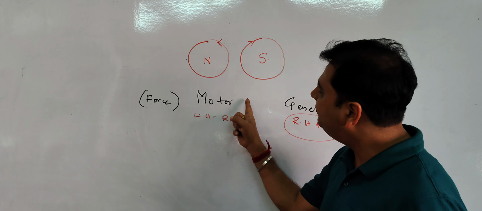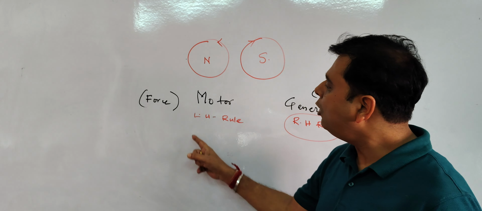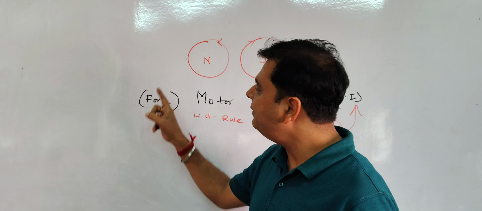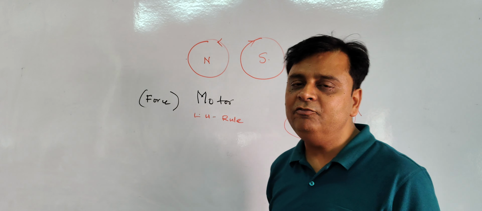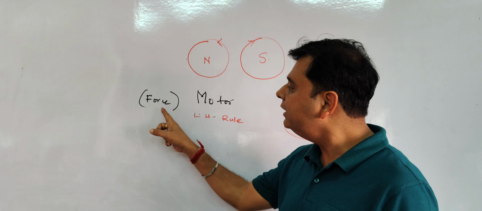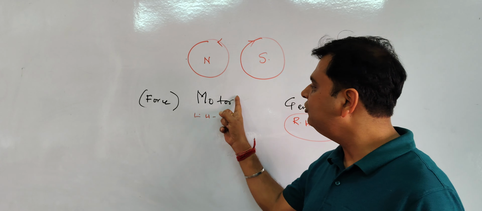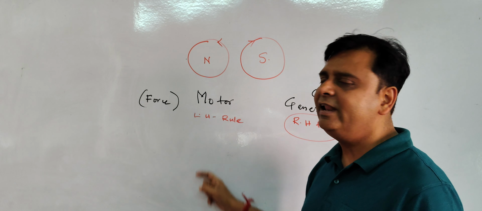What is the principle behind the motor? A motor is based on the principle that a current carrying conductor placed in a magnetic field experiences a force. On that principle the motor is based, so in that case we use the left hand rule.